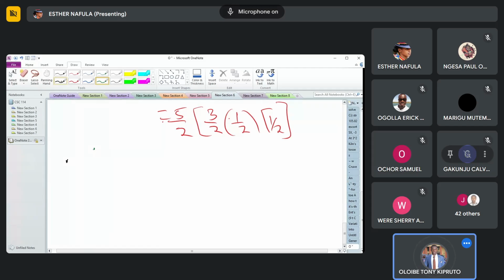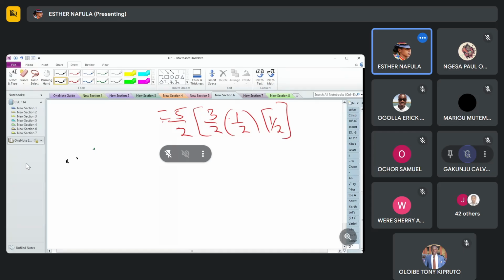Root pi over 2. What was the first term?